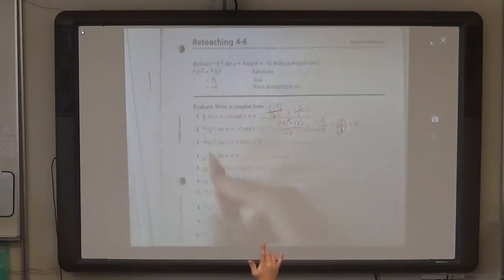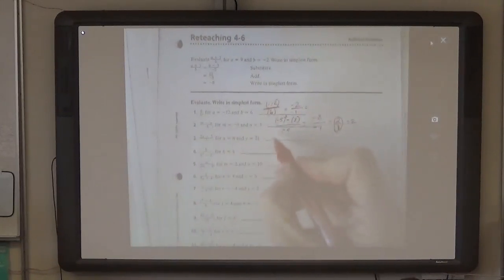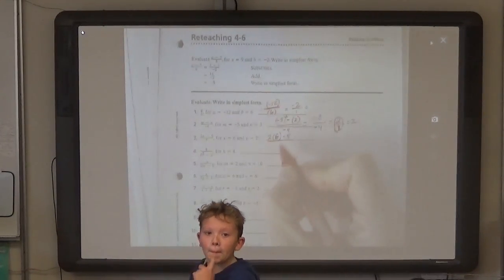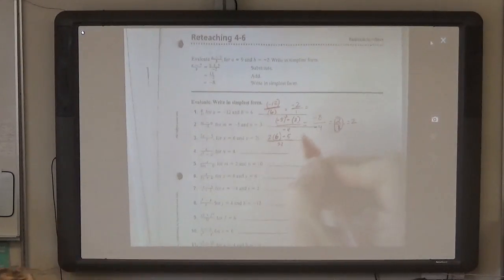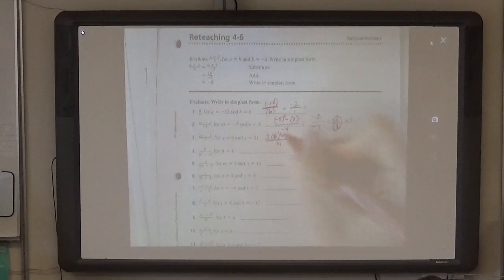All right. 2x minus 5 over y. x equals 6, y is 21. So plus negative 5. What's plus negative 5 though?